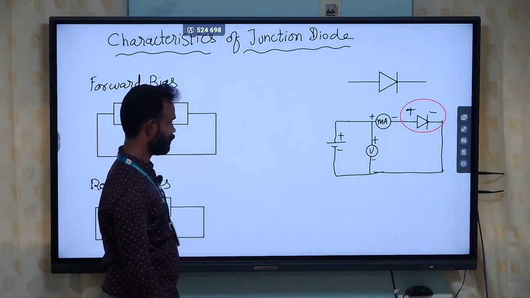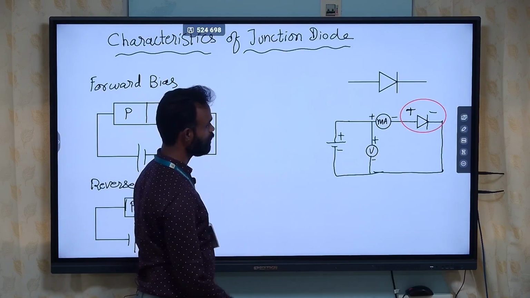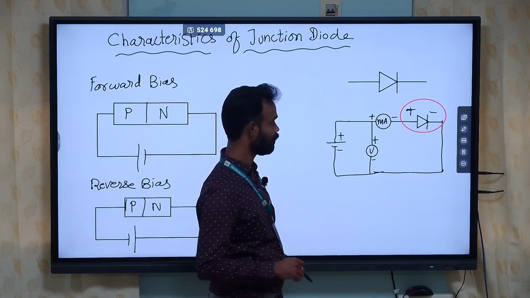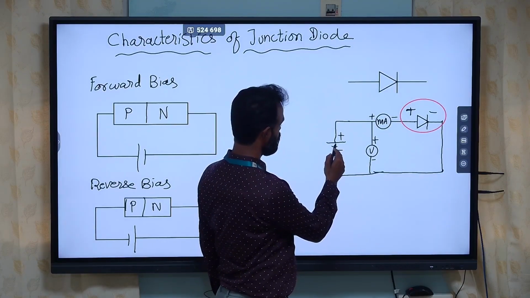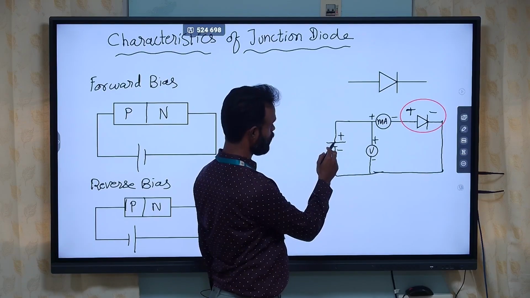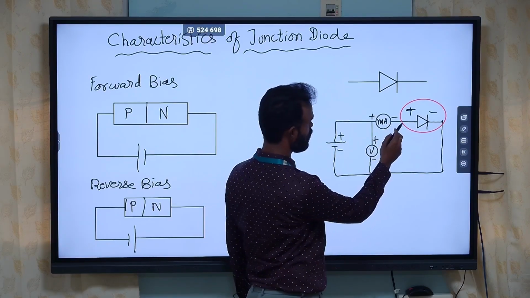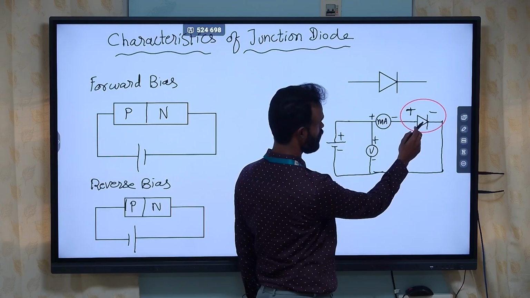In this experiment, we are going to find the PN junction diode's resistance value. Here, as you see, the positive terminal of the power supply is connected through a milliammeter, and it is connected to the PN junction diode.